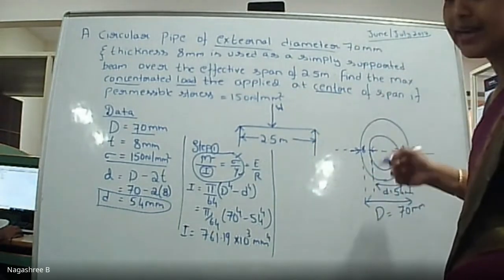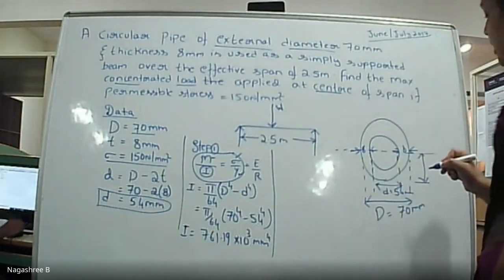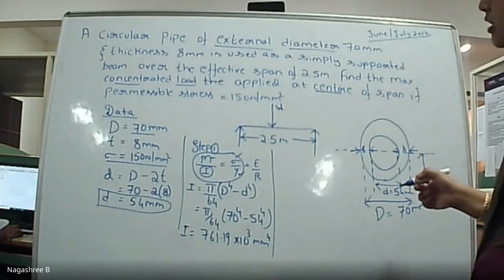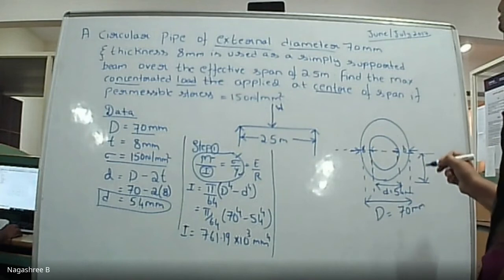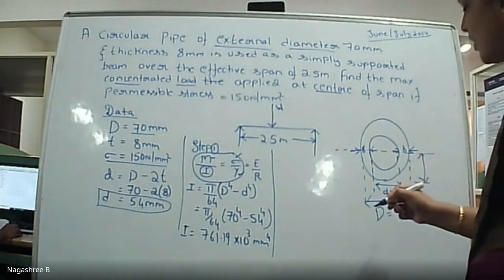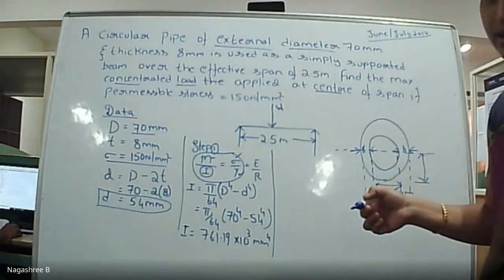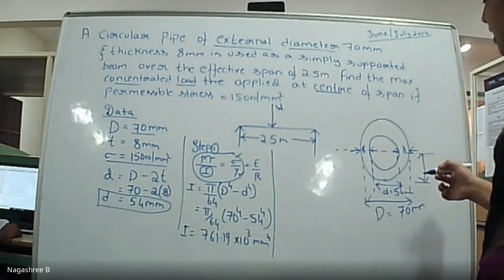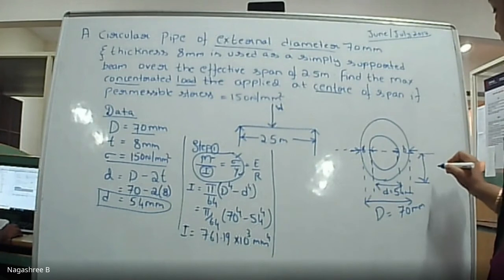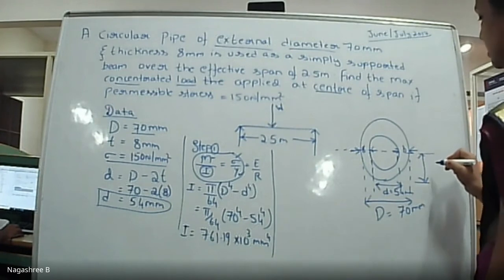Why? Because it is a symmetrical section. Whenever it is an unsymmetrical section, whichever is the maximum value of y, that we are supposed to adopt. But here, since it is a symmetrical section, if I take either topmost or bottommost as my reference axis, I'll get the same value of y.